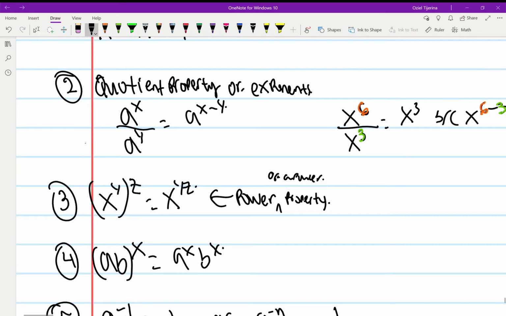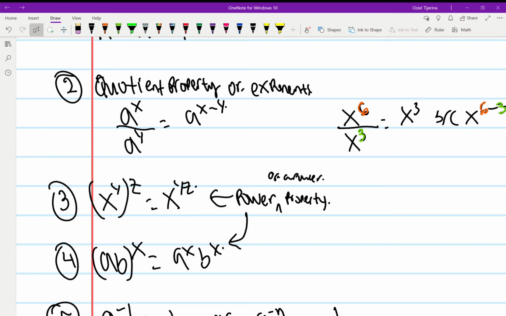This third one is really called the power of a power property. I know I put power property at first, but it's power of a power property. You're kind of doing the same thing, except you're distributing your x into two different variables.